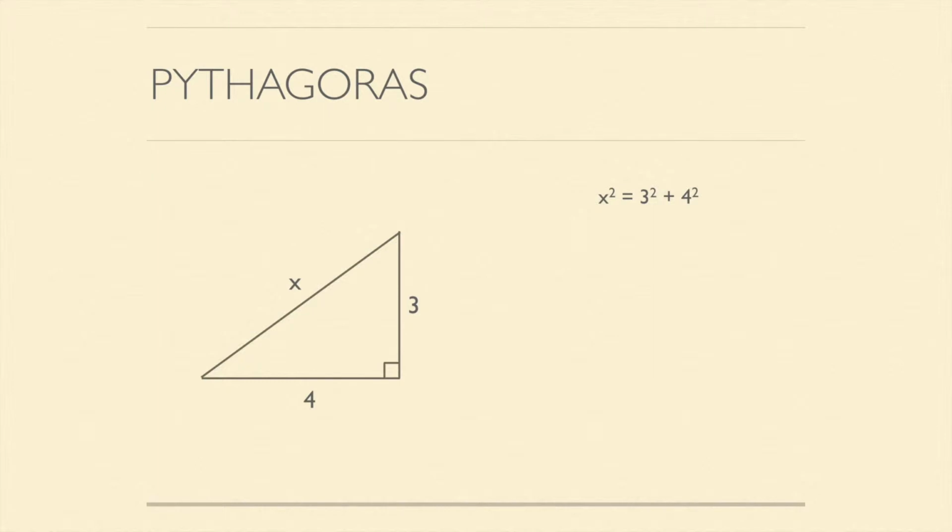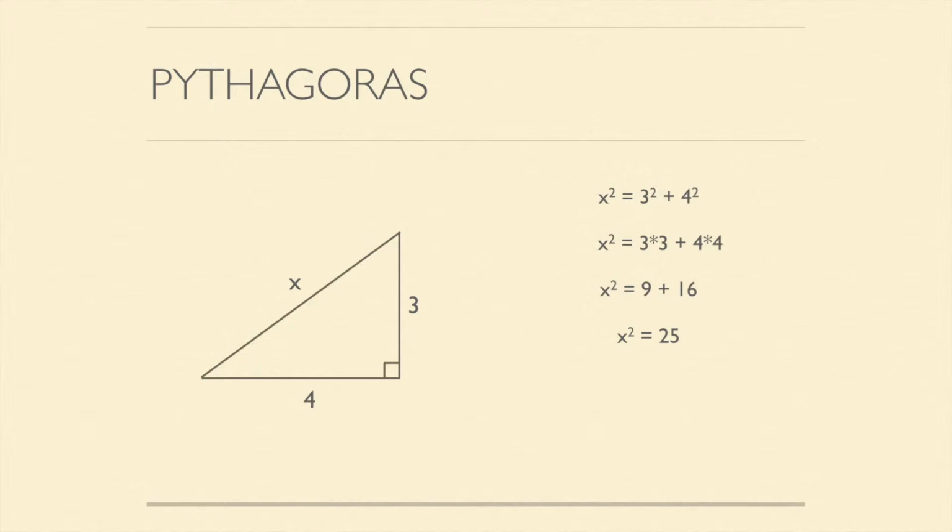So we can calculate this. If we want to find x here, we can calculate 3 squared is 3 times 3, 4 squared is 4 times 4, 3 times 3 is 9, 4 times 4 is 16, and 9 plus 16 is 25.